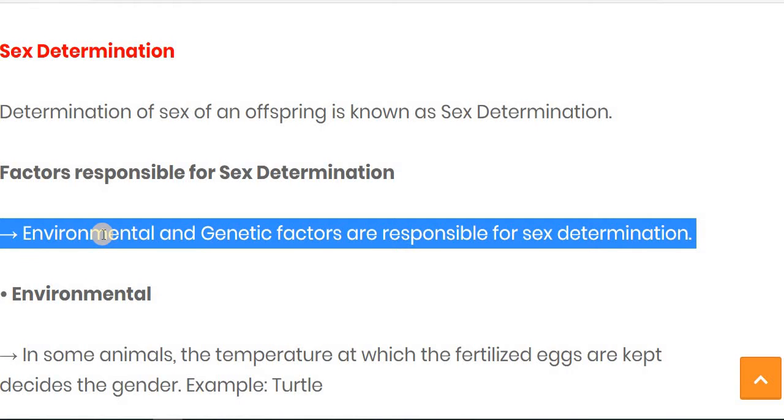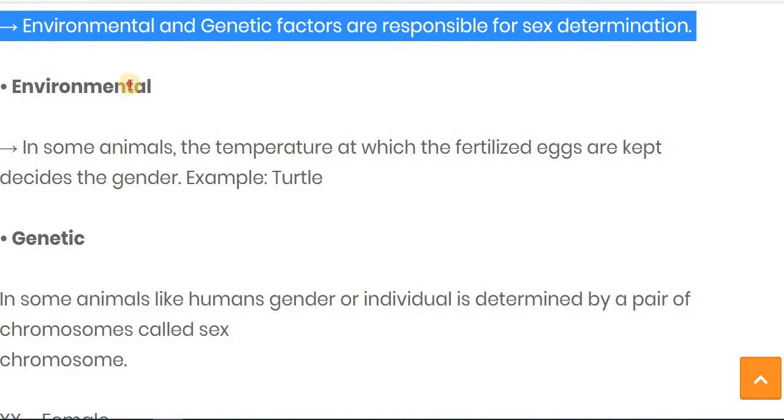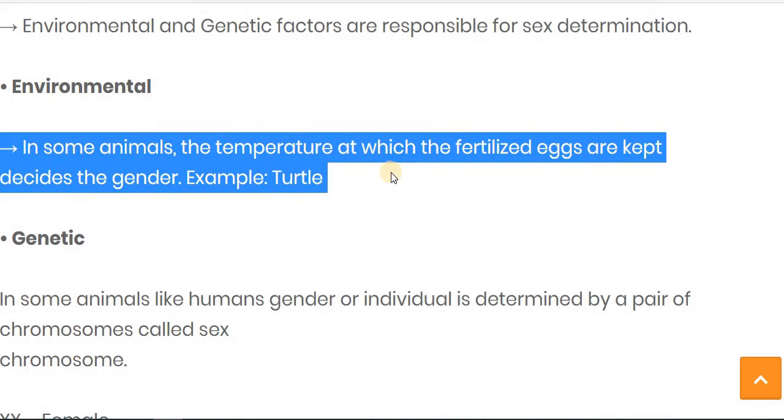Let's see the first factor which is affecting sex determination. It is the environmental factor. How? In some animals, the temperature at which the fertilized eggs are kept decides the gender. For example, the turtle. In some organisms, the gender of the organism, whether it becomes male or female, depends on an environmental factor like temperature.